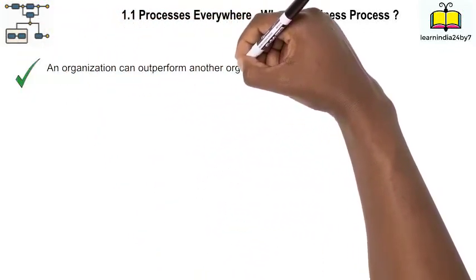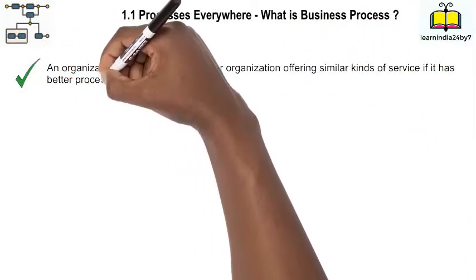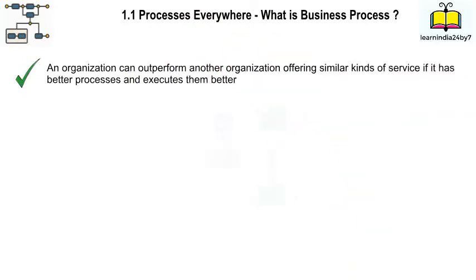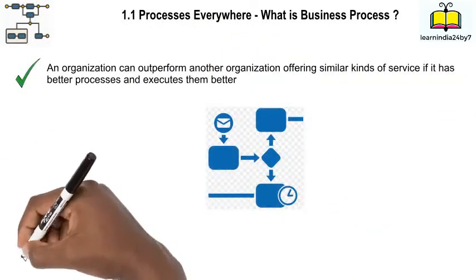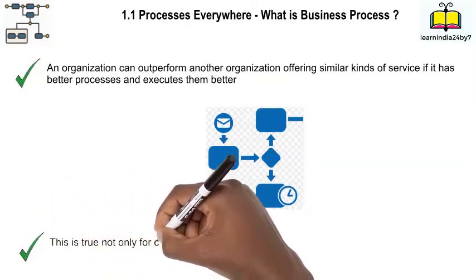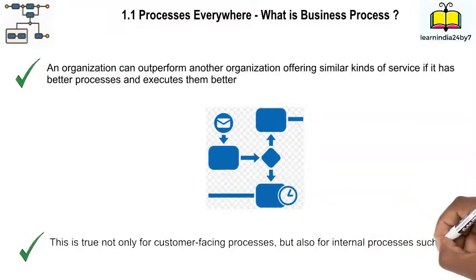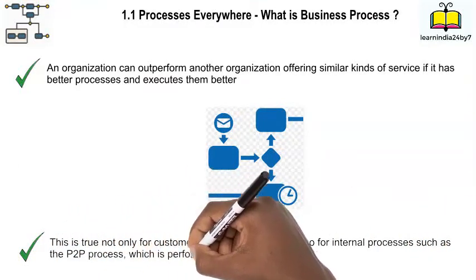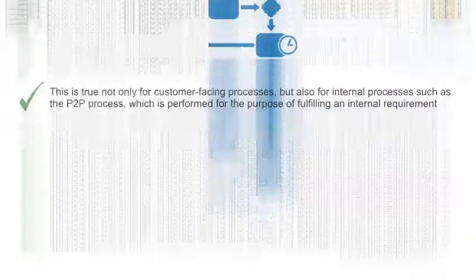An organization can outperform another organization offering similar services if it has better processes and executes them in a better way. This is true not only for customer-facing processes but also for internal processes such as the P2P process, which is performed for the purpose of fulfilling an internal requirement.